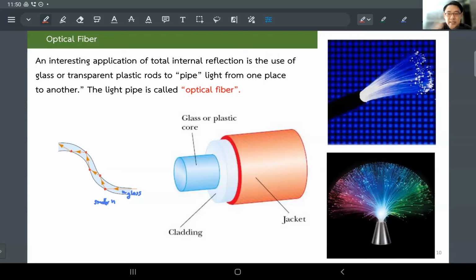So that application is there for the UV, right? But for fiber optics communication, I think visible or somewhere near IR seems to be the good one. All right. Very good.